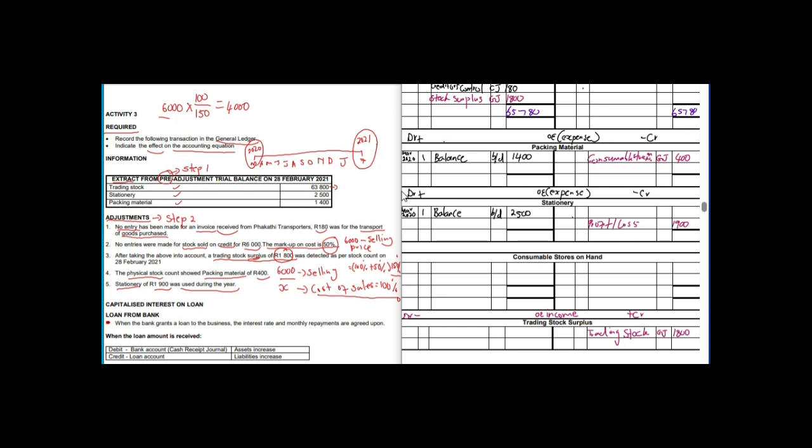Meaning there is a shortage in our credit side, and then we have cost of sales. Then we are going to write balance carried down.